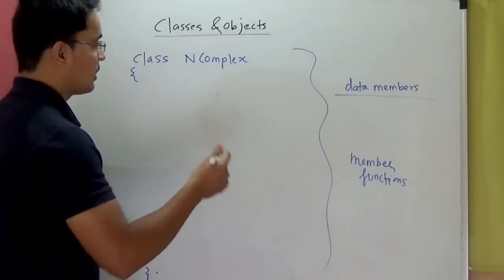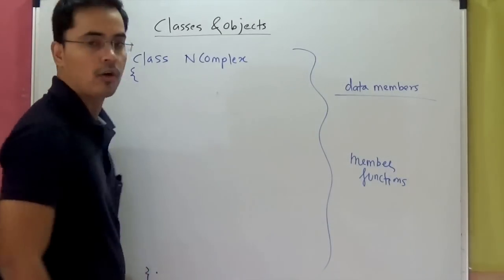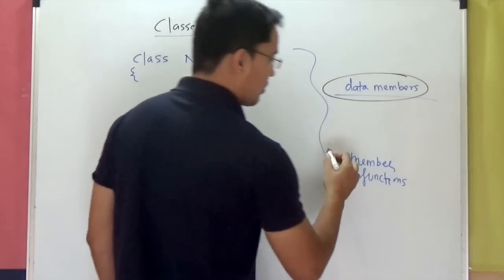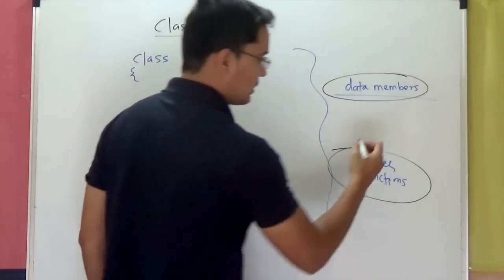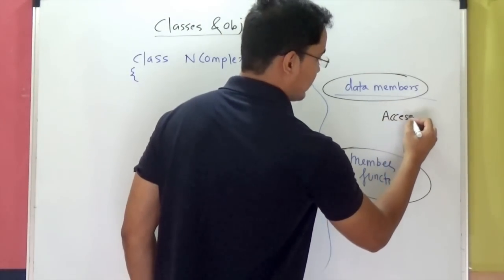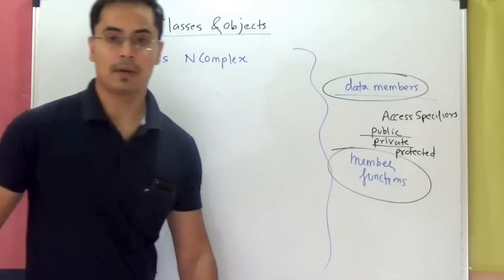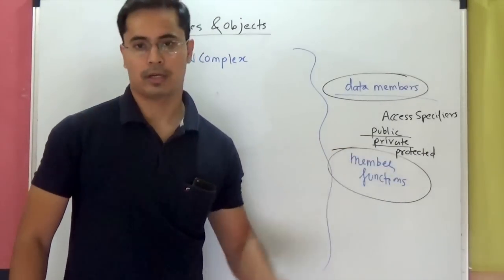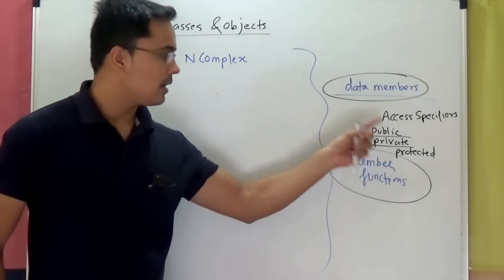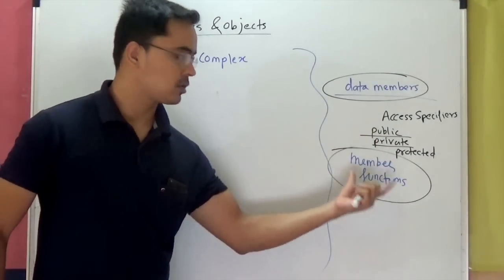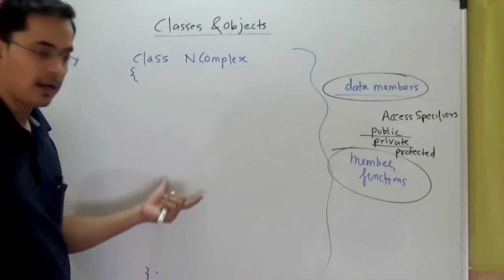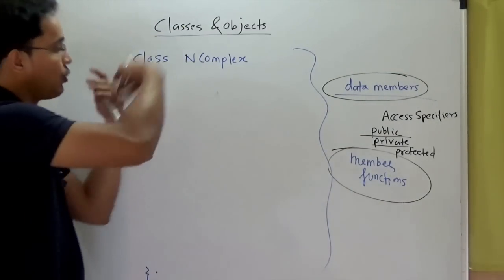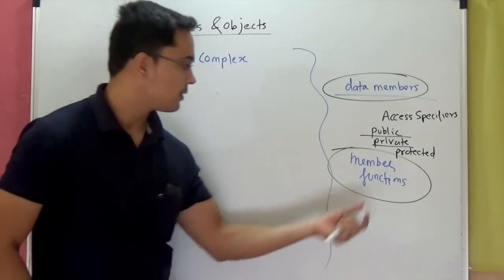So now let us declare some data members in our nComplex class. While you declare data members or member functions, you can specify something called access specifiers. In C++, you have three access specifiers: public, private, and protected. Public members, be it data members or member functions, are available to use inside your class definition, outside your class, anywhere basically.